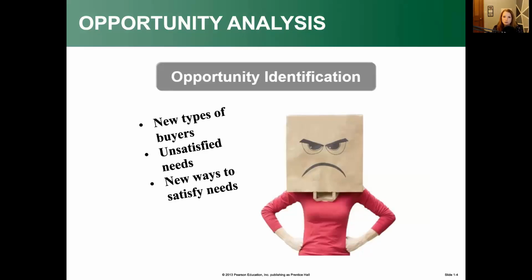Our opportunity analysis really focuses on finding markets that we can serve, but the kicker here is that we can profitably serve. We talk about marketing meaning that we are going to satisfy customer needs in a profitable way, so that also plays a role here when we think about opportunity identification. So let's think about these 3 types of opportunity identification. New types of buyers is our first one.